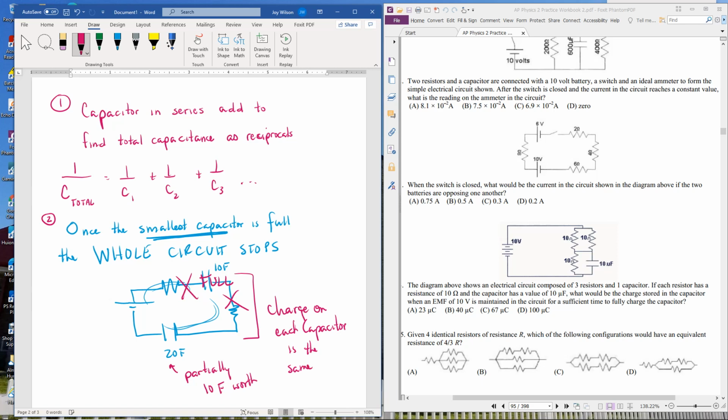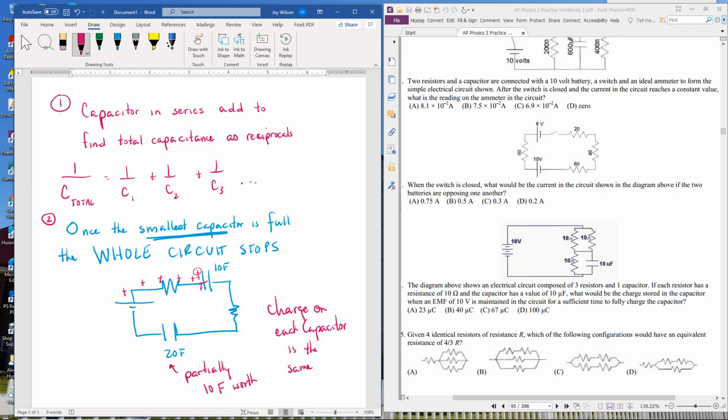So let me say why that happens. Remember, positive charge is coming out. I'm going to erase this for just a second. Take the word full out. Take that line out. Take this line out. So what happens is the positive charges go here. They start to pile up.